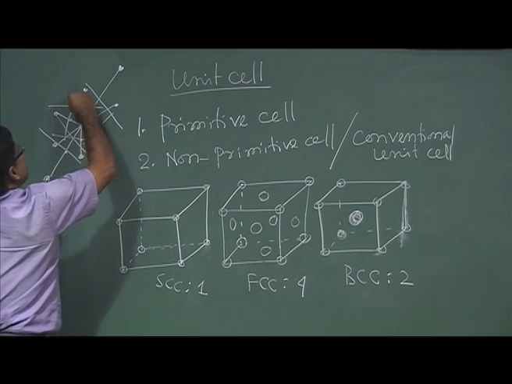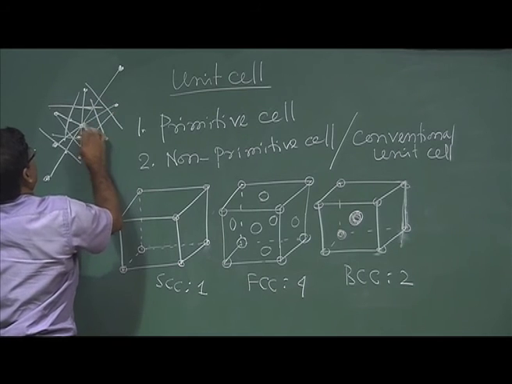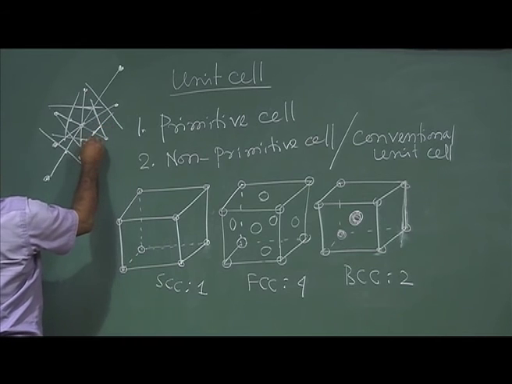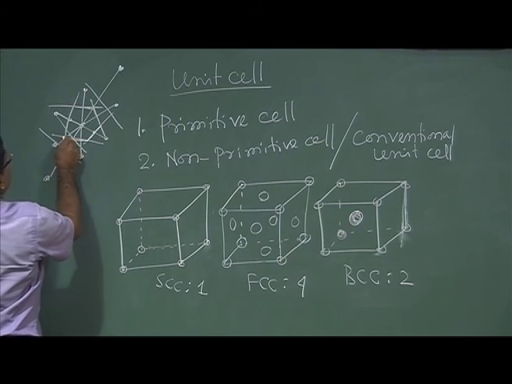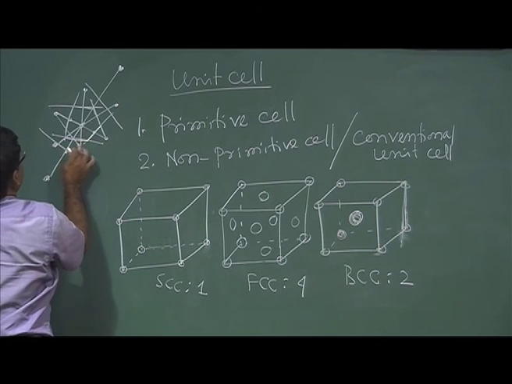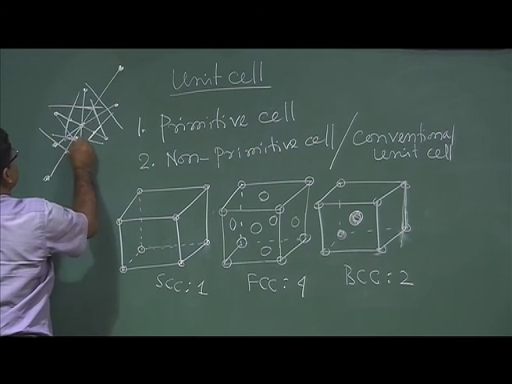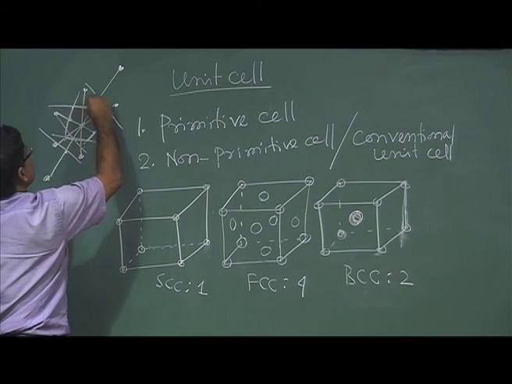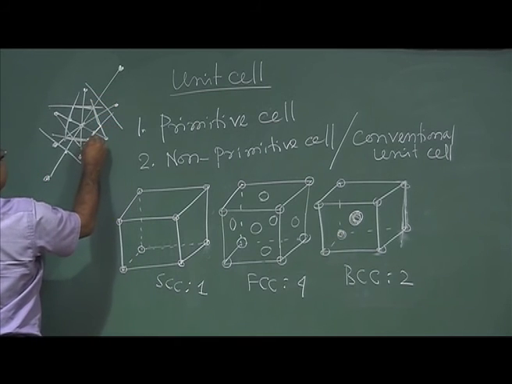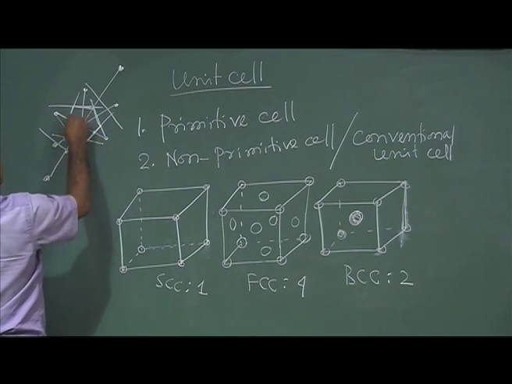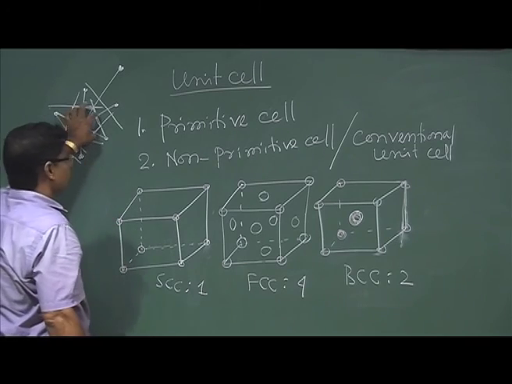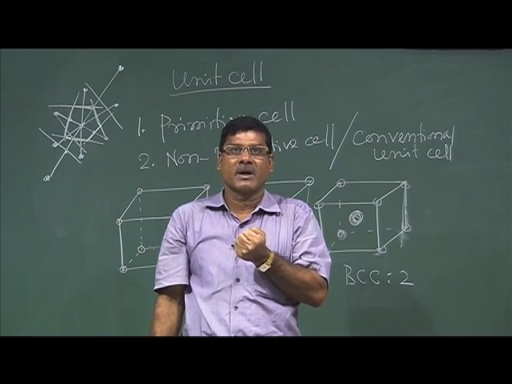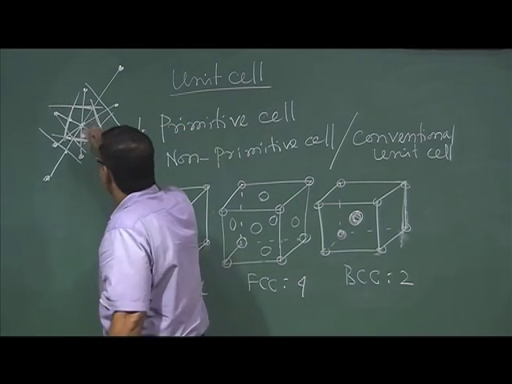So this bisector basically covers a volume in 3 dimensions, which will be the smallest volume and will have only one lattice point per unit cell.